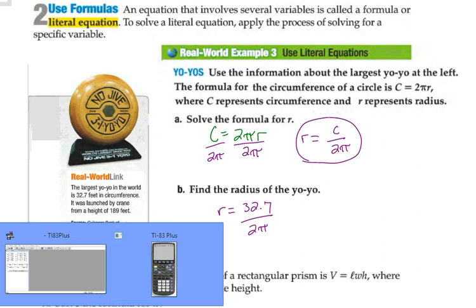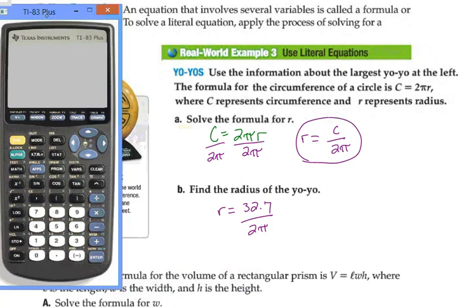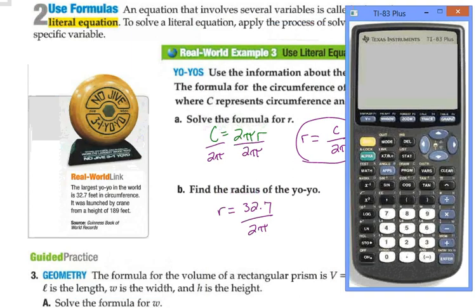Okay, handy dandy calculator out. We're going to put this in exactly how it's written. So we're going to say 32.7. We're going to divide that by, again, if there's more than one piece to your denominator, go ahead and put those parentheses. 2. I'm not even going to hit that multiplication sign. These calculators are awesome. There's my pi button.